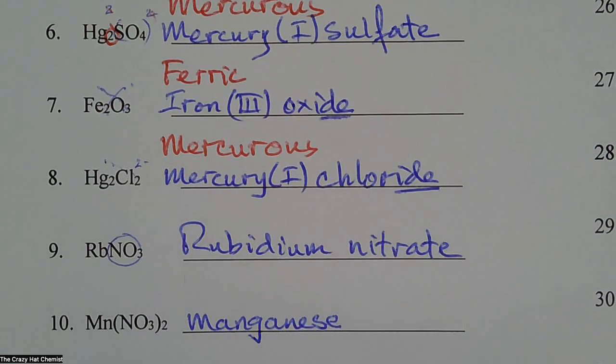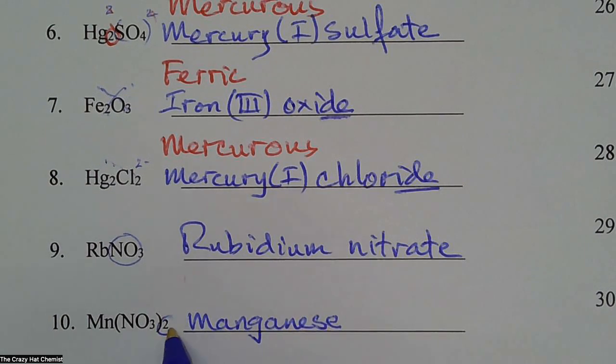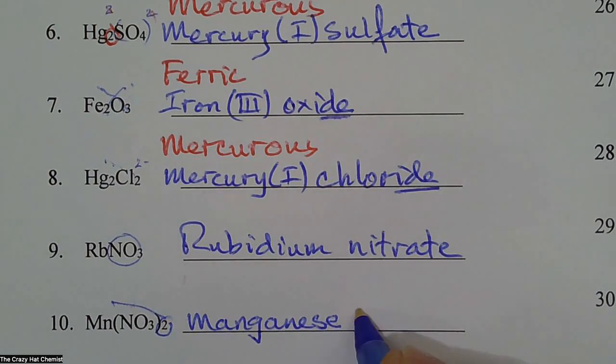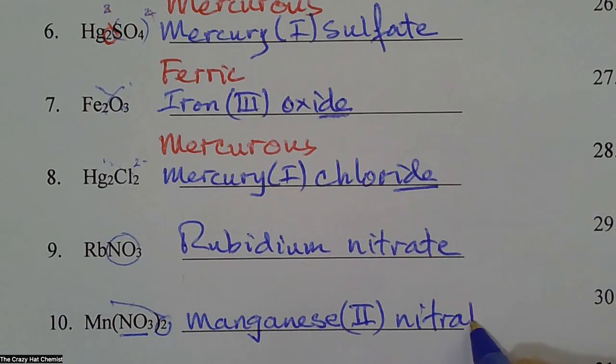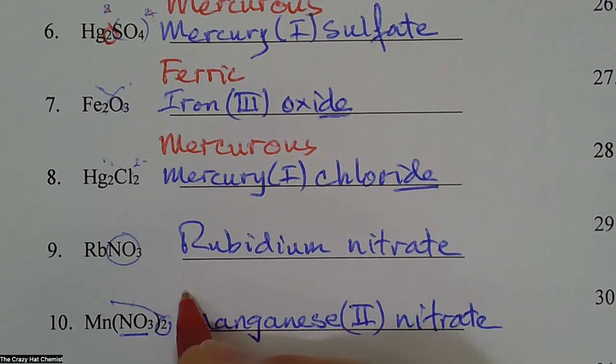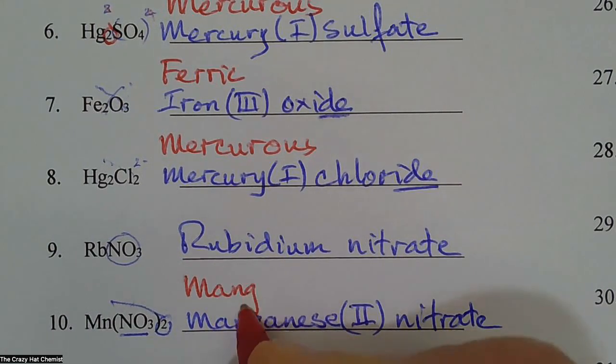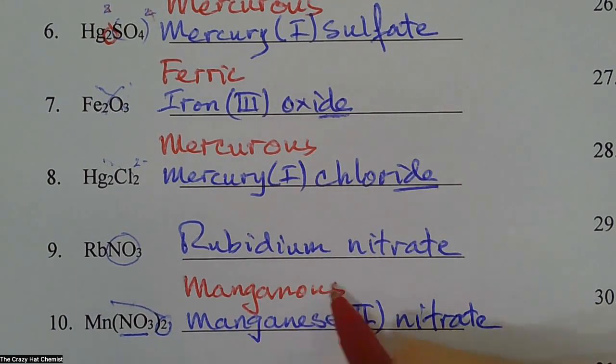Okay, so make sure that you understand that. And there are two different charges for manganese, and this is the charge for the manganese because it comes up there. So it's manganese Roman numeral 2, and that NO3 is nitrate. And this also has a common name, manganous. All right.